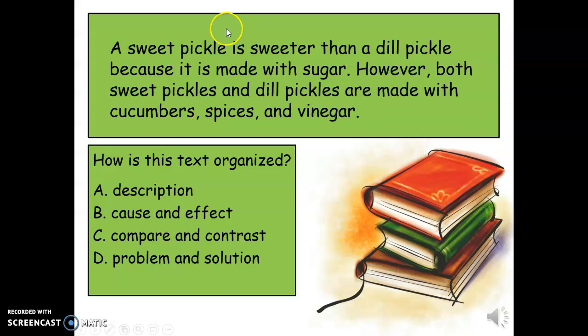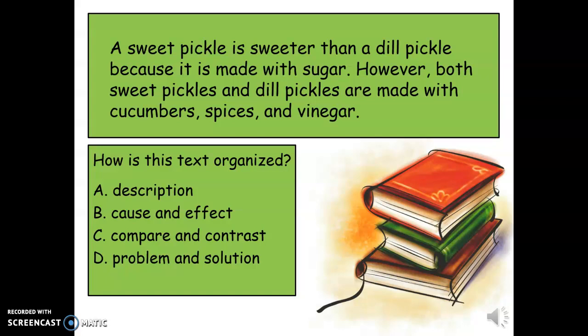Well, sweet pickles and dill pickles seem to be the topic of this passage. So those are 2 different main ideas. We see the word sweeter. That comparative adjective is comparing those two different types of pickles. So that's a clue that this could be compare, contrast.